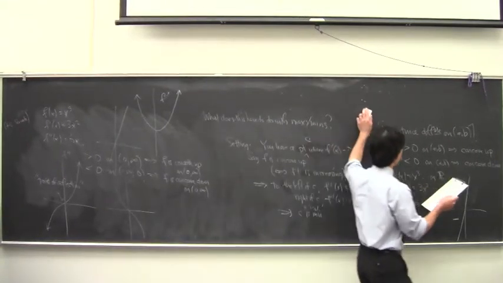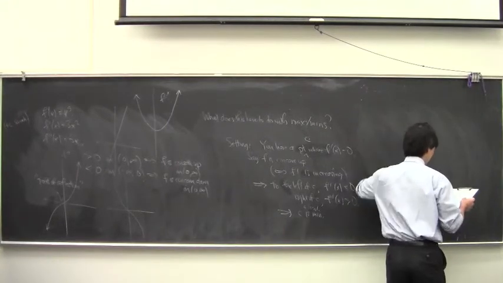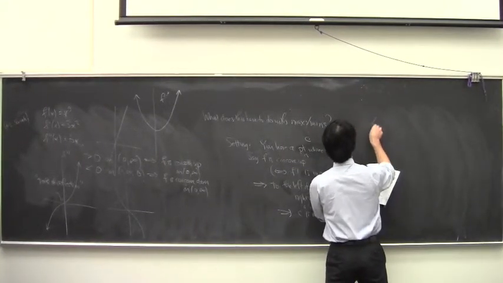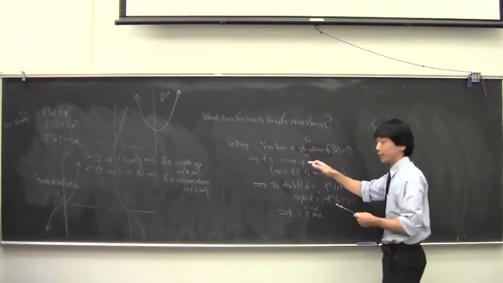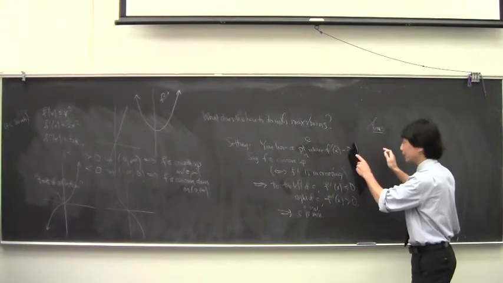And let me write it down properly so that we don't have to say too much. We don't want to have to assume that the function is concave up everywhere. All we need is that the function is concave up in an interval around that point.